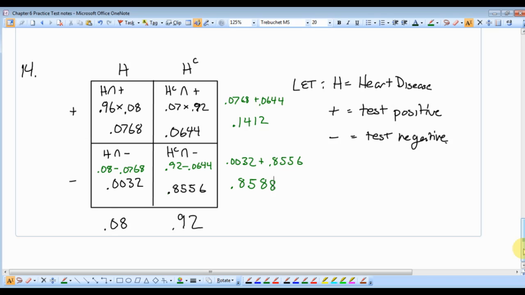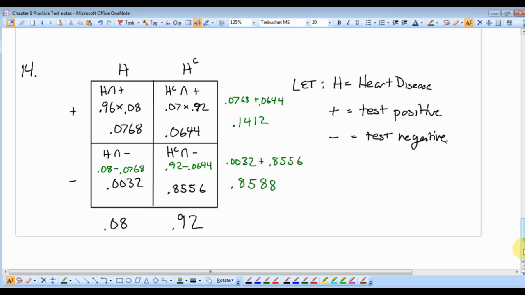Suppose that 8% of patients in a small town are known to have heart disease. It's a really healthy town. Suppose there's a test that is positive for heart disease in 96% of patients, but is also positive for 7% of patients who do not have heart disease.